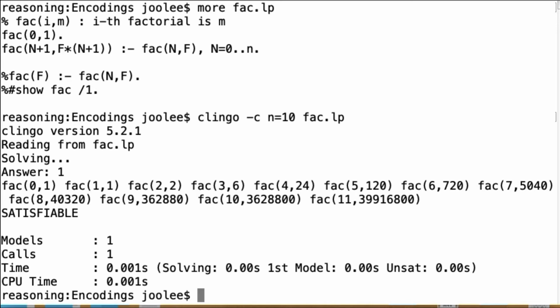But if n starts from 1, then you cannot use the base case because fact of 1, f is not defined. The error was here. You cannot start from 1. You have to start with 0. So the second rule was not used at all when n starts from 1. That was the problem.